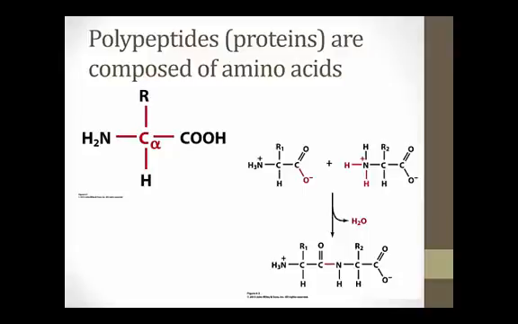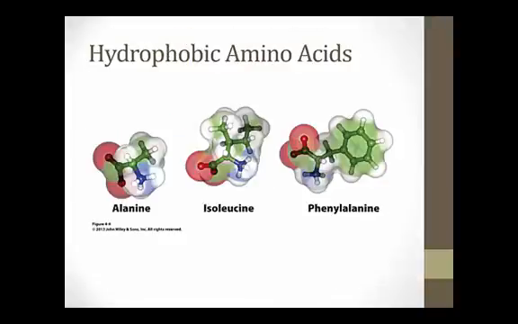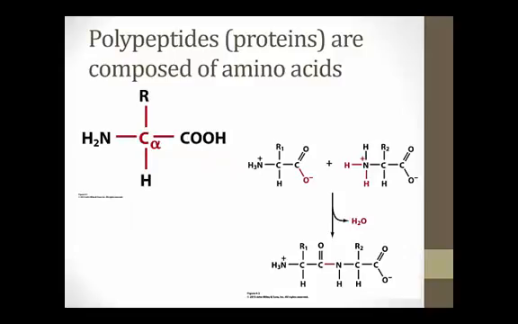Now, although all amino acids have the same basic structure, the distinguishing R group can give each amino acid different physical and chemical properties. Of the 20 common amino acids seen in nature, we are able to categorize each amino acid into one of three basic categories.